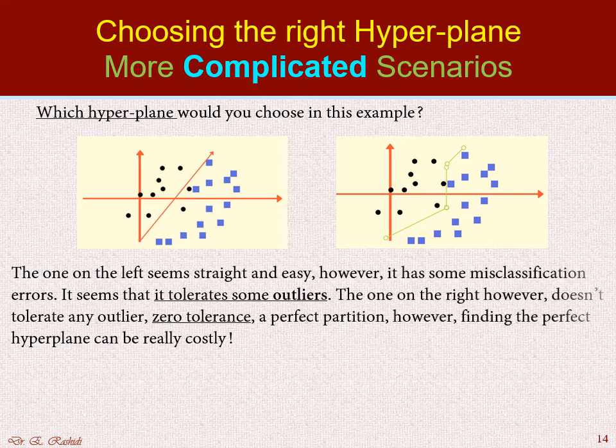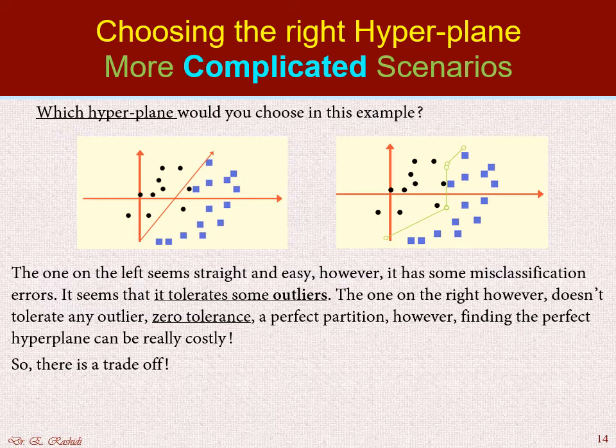The one on the left seems straight and easy, however, it has some misclassification errors. It seems that it tolerates some outliers. You have two outliers here, as you see, these two are outliers. The one on the right, however, doesn't tolerate any outlier, zero tolerance, a perfect partition. However, finding the perfect hyperplane can be really costly. So there is a trade-off. Which one you want to go with?